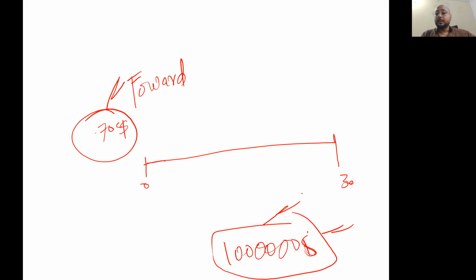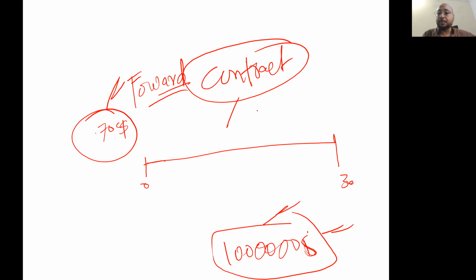So remember, forward contract. A contract means both parties, buyers and sellers, those who want to buy and those who want to sell, are obligated to fulfill the contract. If the contract period here is 30 days, the rate must be given.